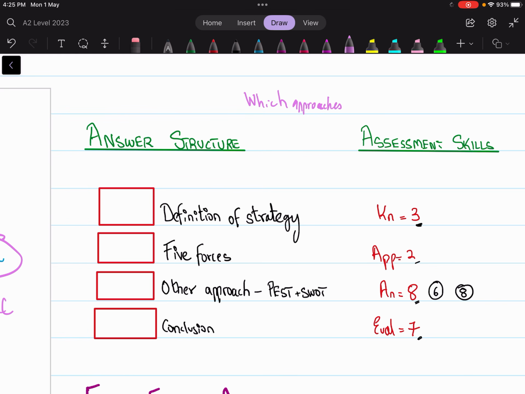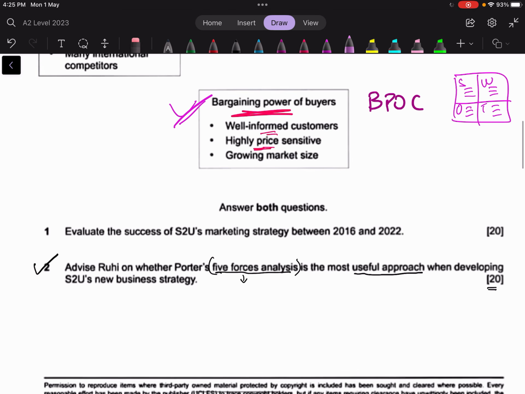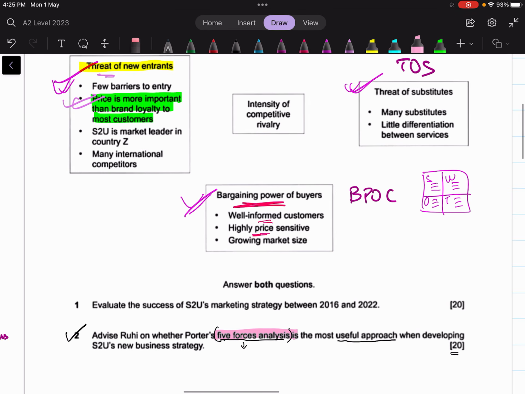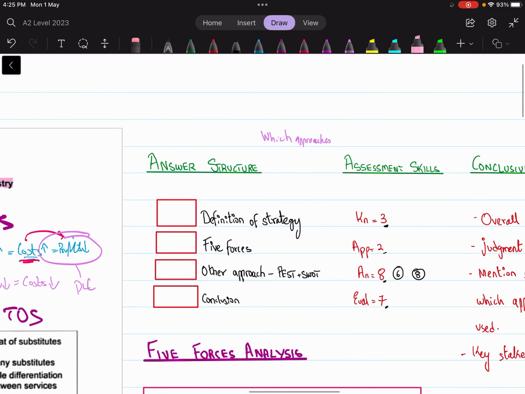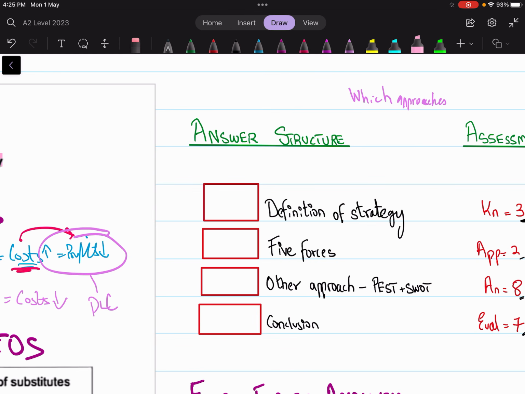It leaves it to the students to come up with their own approaches. But if you look at the wording of this question, you have been specifically given an analysis along with a wealth of information. So in this particular question, I would suggest that you first discuss 5 forces in great detail.